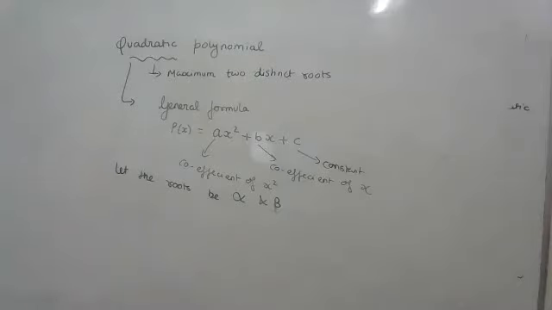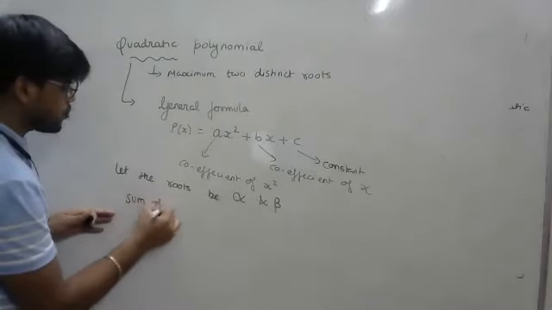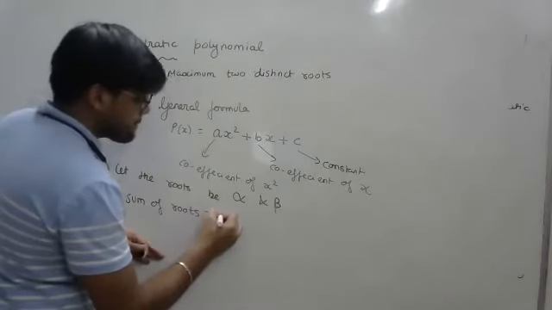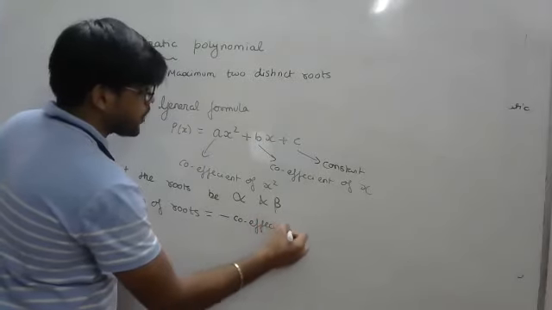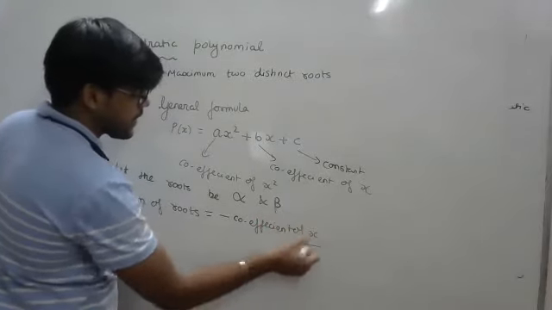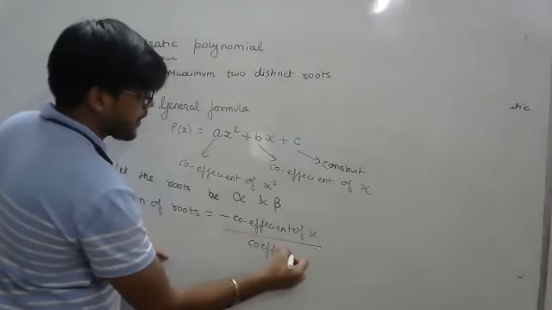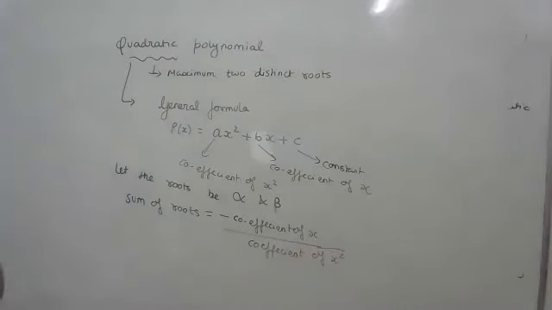Now, for the relationship between these two roots and the coefficients, we have two relations. Sum of roots equals minus coefficient of x upon coefficient of x square. Very good. So what are your roots?